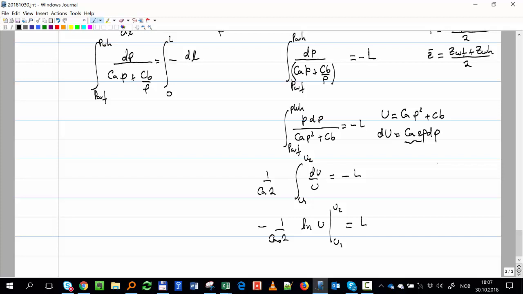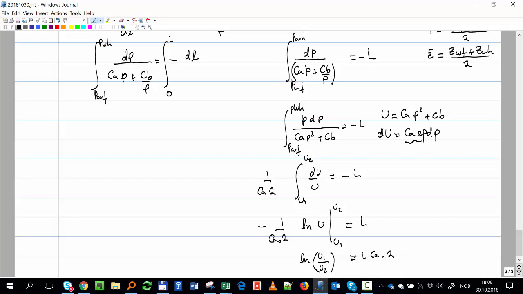What? I'm going to pass that to this side, L times Ca times 2, and I'm going to change a ln of U1 divided by U2.